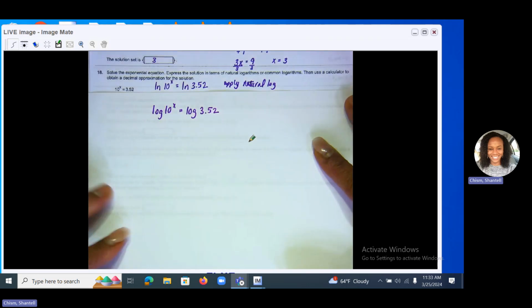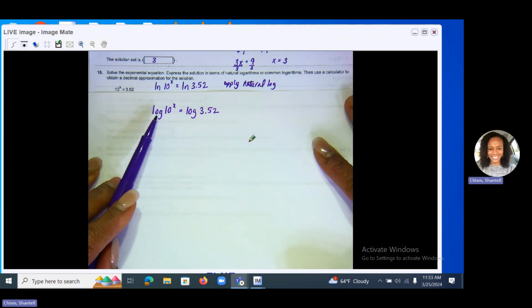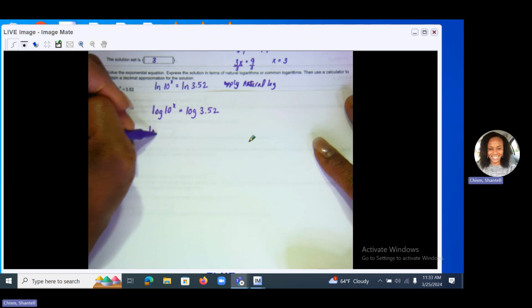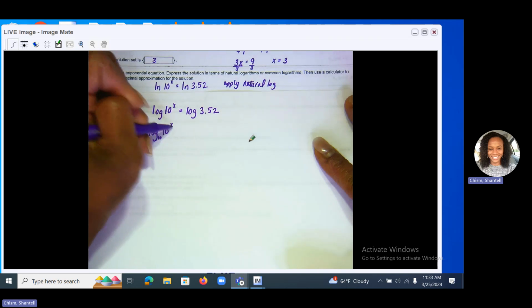Either one works. And I say I should apply the common log here because if you look, log of 10 to the x power, when there's no index, remember it's understood to be a base 10. So log base 10 of 10, they just cancel out. This is basically just log base 10 of 10 to the x.